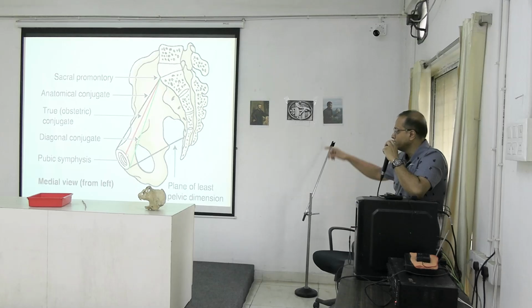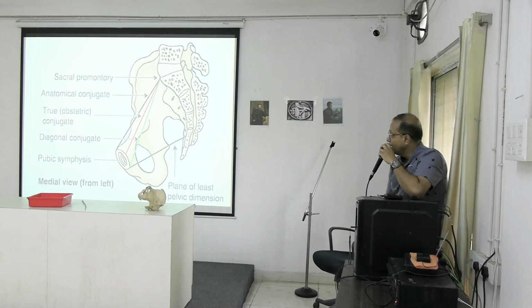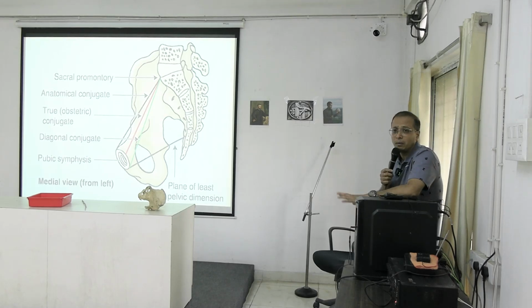At 3 different points we get 3 different lengths. So these are the 3 names you have to know: anatomical conjugate, diagonal conjugate, and obstetric conjugate. These are the 3 things you have to know besides the pelvic brim or bony pelvis.